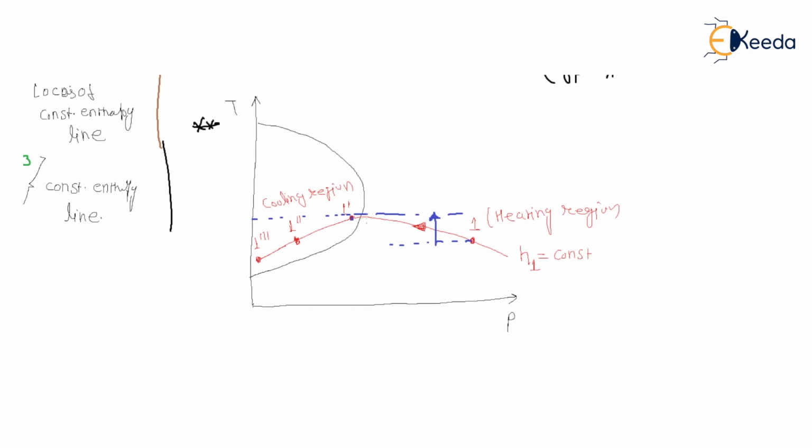So up to this there is heating, though there is a cooling region, but this is a heating effect. But if you throttle up to this point, if you draw this line in the cooling region, this is the same temperature. So neither cooling nor heating.